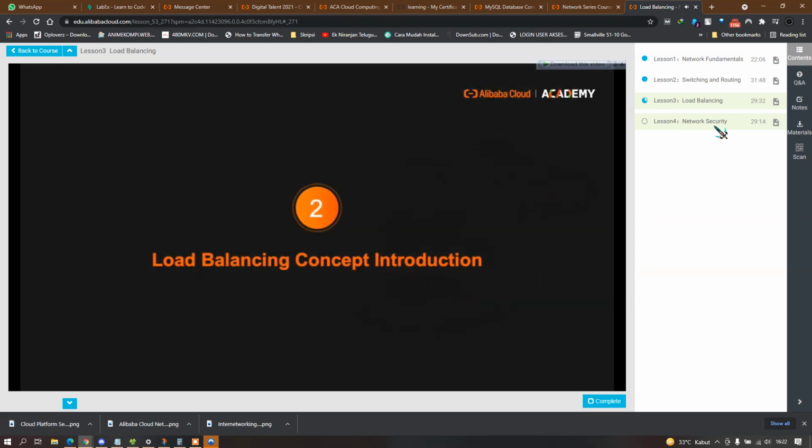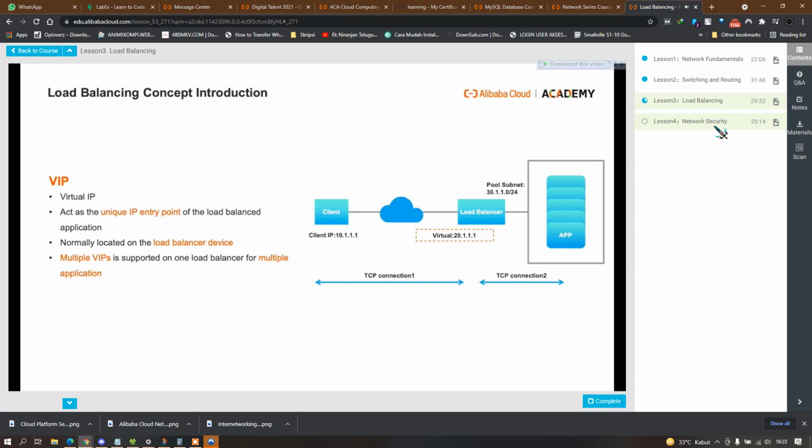Okay, after we have known briefly what load balancing is, for the second section, we will learn about some concepts about load balancing. So let's go on. The first one I'd like to introduce to you is the VIP. VIP, the full name is virtual IP. It acts as the unique IP entry point of a load balancing application.